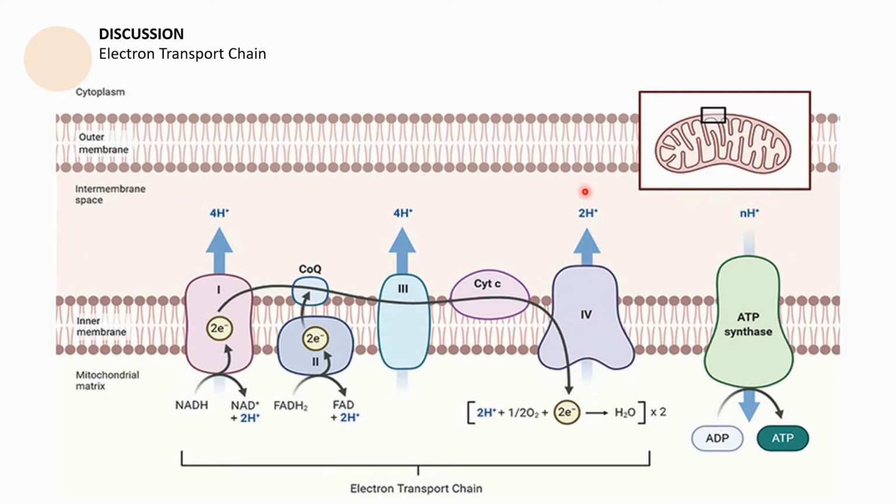Ngayon, kapag natapos yung transport na yon, yung electrons, ang next station nila is oxygen na. So, yung oxygen na present dito sa side na to ng mitochondrial matrix, mababind siya sa mga hydrogen na nandito pa rin sa side na to ng mitochondrial matrix.